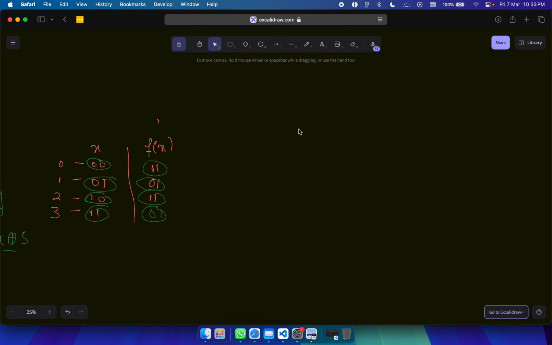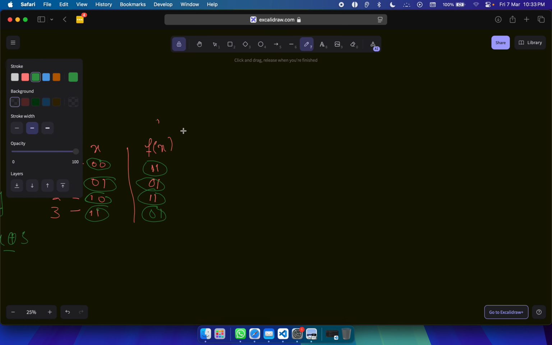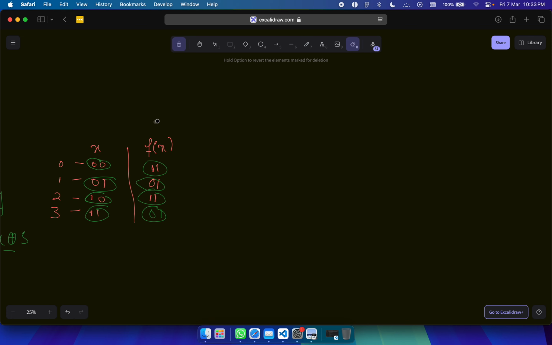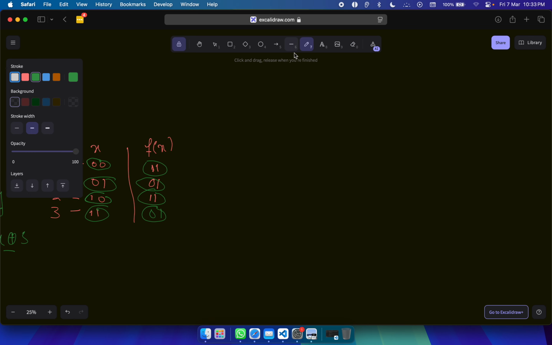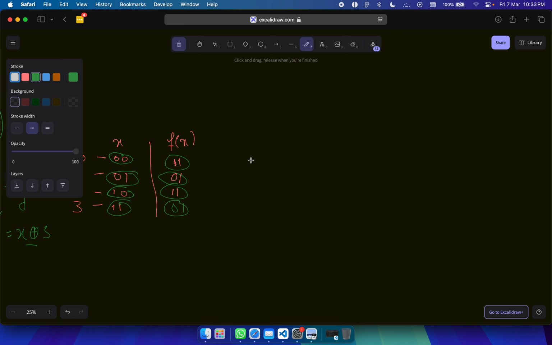Our inputs here, as you see, are exactly 2 to 1, and we have to check whether our f of x is equal to f of y. So our x1 is going to be 0 0, whereas x2 is going to be what? We have to pick the ones with the same output, so it's going to be 1 0.